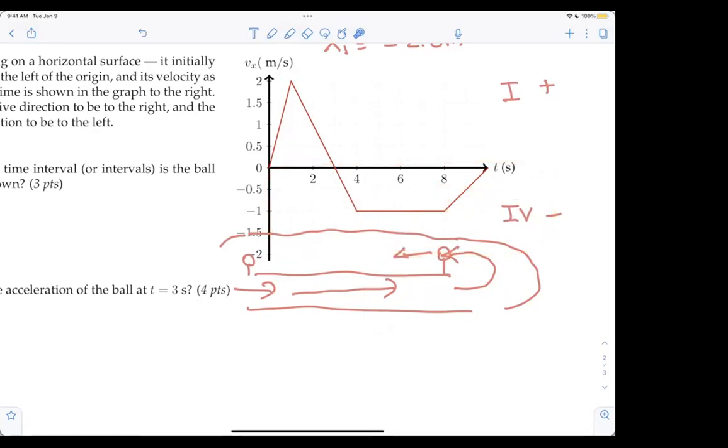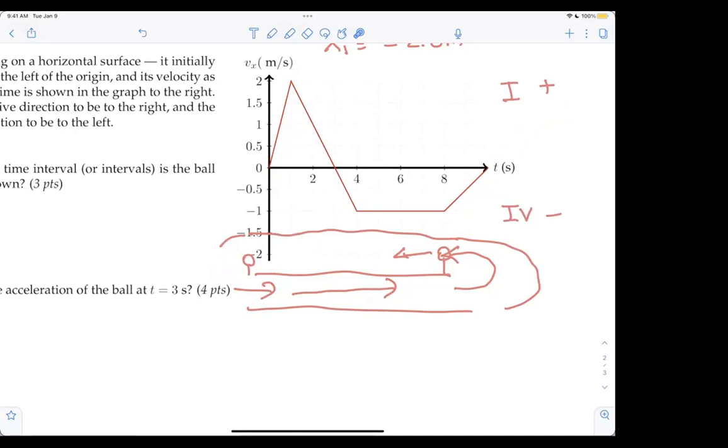So then from 8 to 10, it's going to be me changing direction, basically, where I'm slowing down to 0 meters per second. And if we continued this graph, for example, if we went this way, that would be me finally moving back in the right direction and then speeding up again.